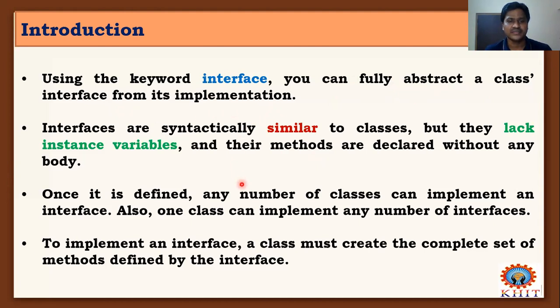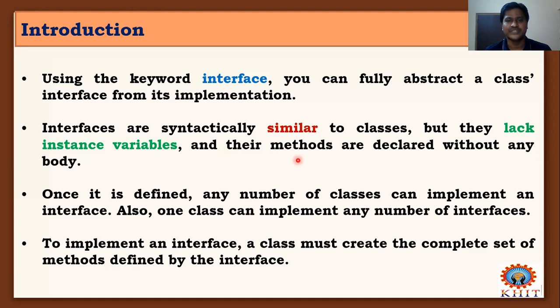Interfaces are similar to class declarations. But the difference between classes and interfaces is the lack of instance variables. Whereas a class is composed of members like instance variables and methods, an interface doesn't have any instance variables like a class.